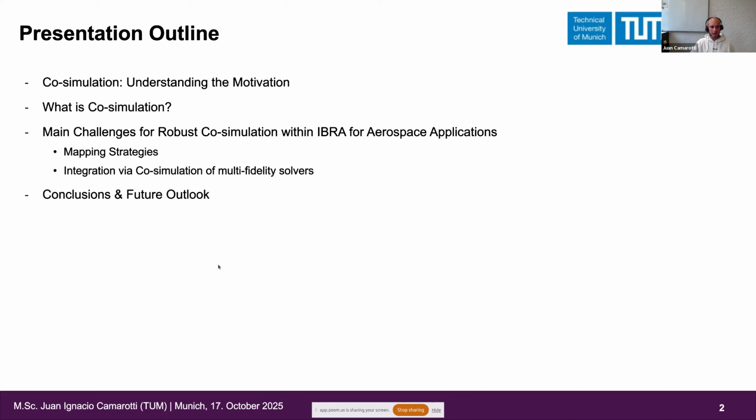And within this, I would like to remark two specific points in this talk. One of them is the mapping strategies that we need in order to map information between non-matching discretizations, and also the possibility of integrating multi-fidelity solvers using co-simulation approaches. And then we will conclude our talk with some conclusions and future outlook.